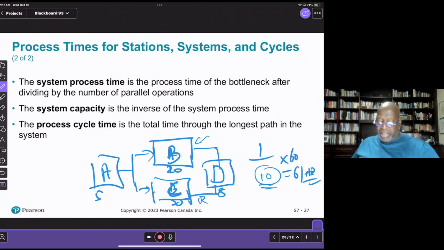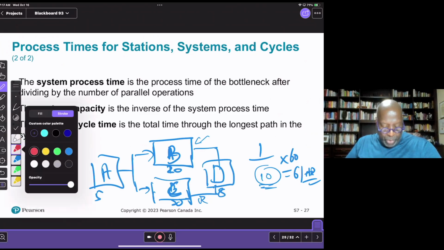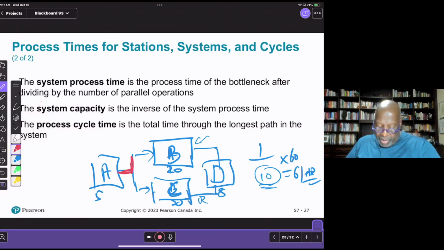And then the process cycle time is the total time for the longest path. Even though we're getting 2 of them processed at the same time at B and C, a product going through one of the lines is taking 5 and 20, 25, and 8, 33.